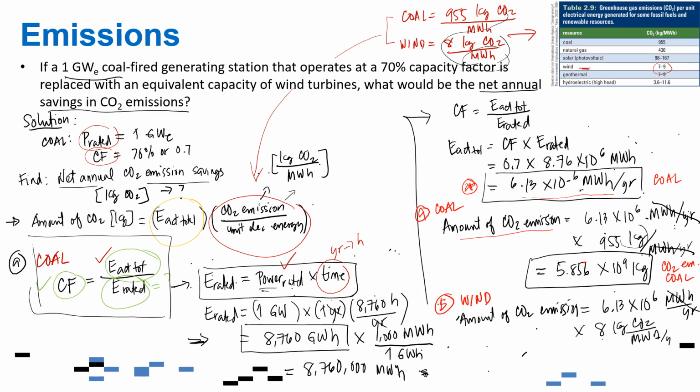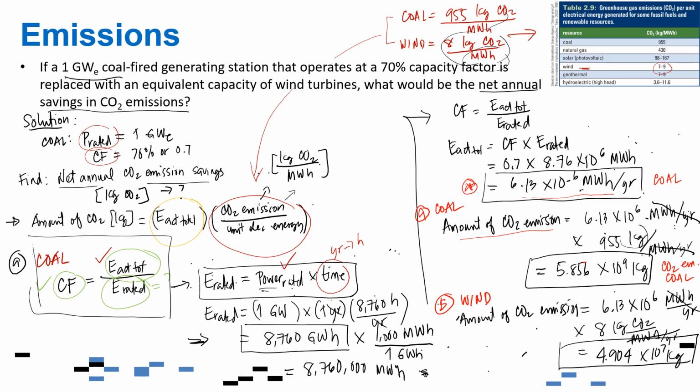Per year cancels, so it equals 4.904 times 10 to the 7 kilograms. So this is the amount of emission in kilograms for wind.